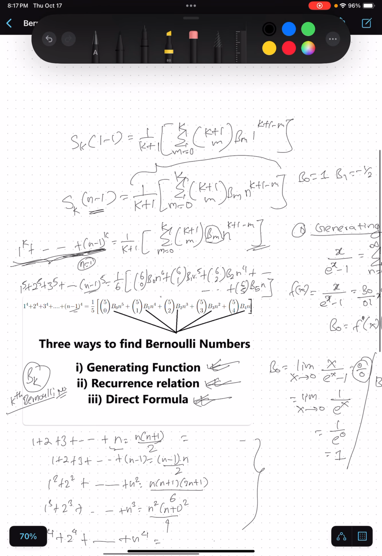Now we know that the sum up to the 0th term is 0, because if n equals to 1, the last term will be 0 to the power k, so we have only been summing up to the 0th term, so that will be 0, right? This is 0, 1 by k plus 1, and the sum from m equals to 0 to k plus 1, k plus 1 choose m, Bernoulli of m, and 1 to the power anything is just 1.